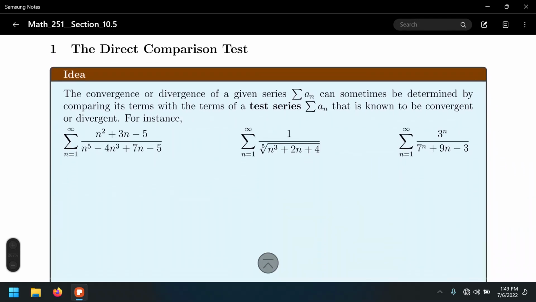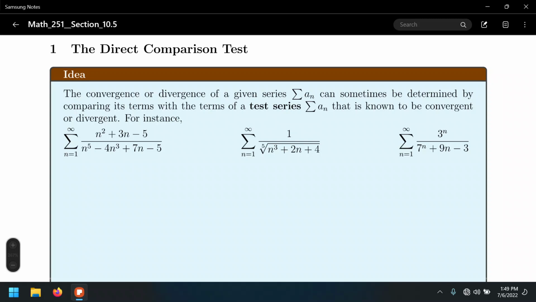So from now on, we will be given more funky looking series for which we will determine the convergence. However, we are going to come up with or relate these ugly looking series and compare them with simpler series for which it is easy to determine the convergence or divergence.